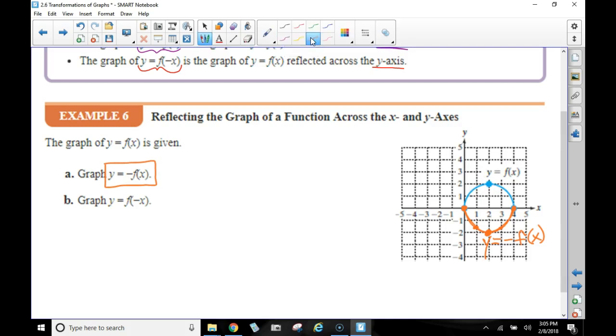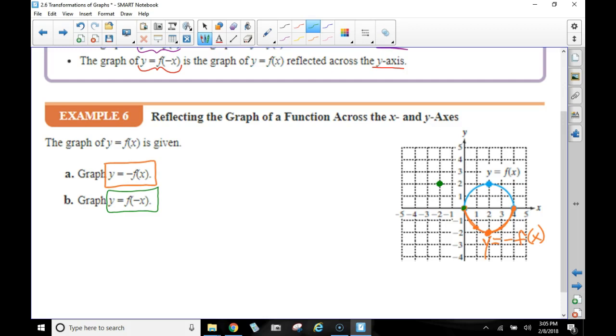Now, on part B, we're going to graph y equals the function evaluated at a negative x. That tells us that we're going to take this blue semicircle and reflect it about the y-axis. So we still have a key point at 0, 0, but instead of being at positive 2, when we reflect that about the y-axis, we are now at negative 2, positive 2.